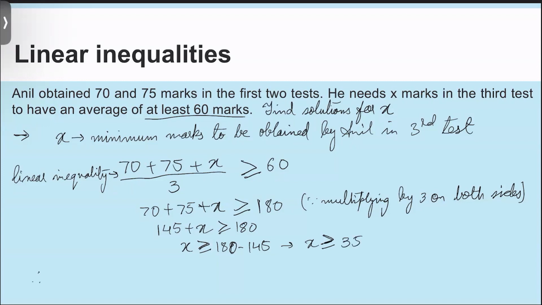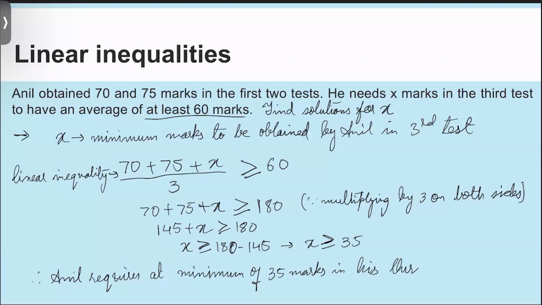Okay, so therefore, Anil requires a minimum of 35 marks in his third test. So you can see how linear inequality can help you understand the kind of minimum or maximum value that is required in certain scenarios.